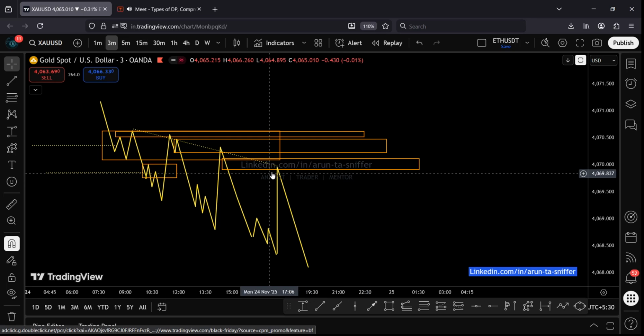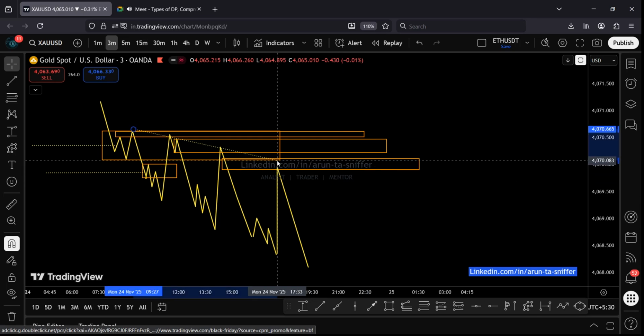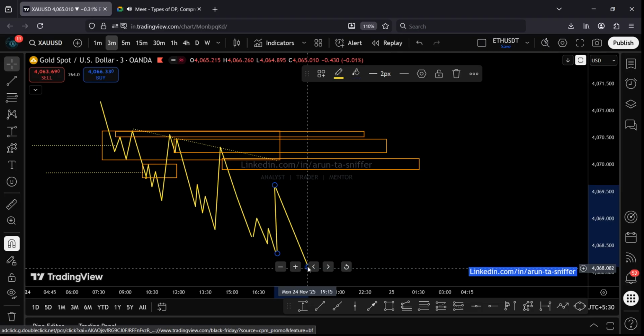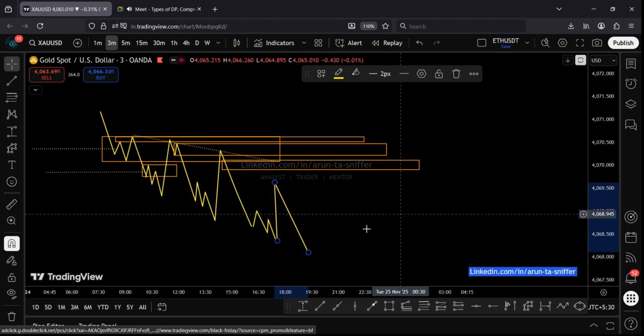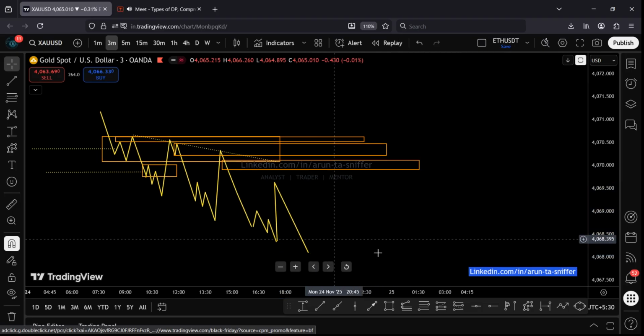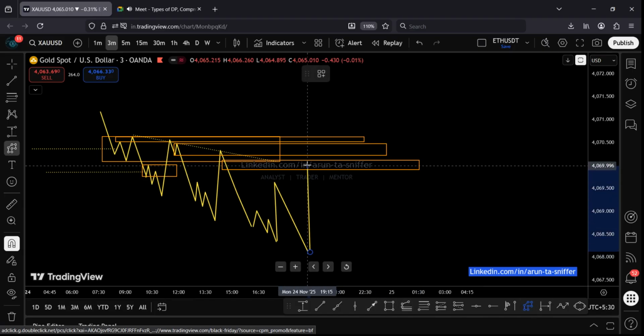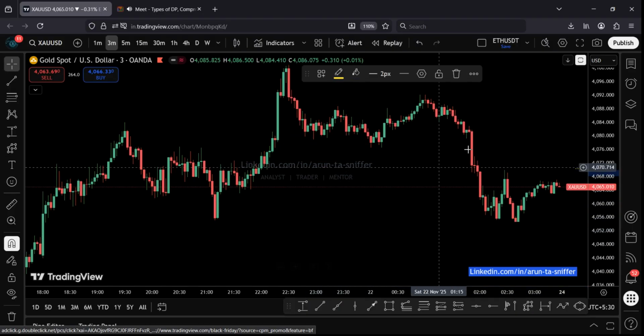What happens if price does not reach the MPL area and falls from here like this, goes till here and then falls down like this? What will happen in this case? In this case, the price will go back again in future to this MPL and then fall, right?